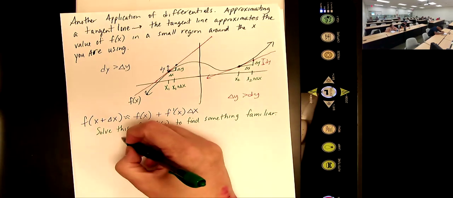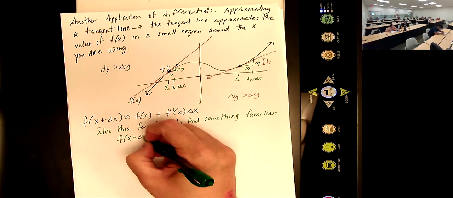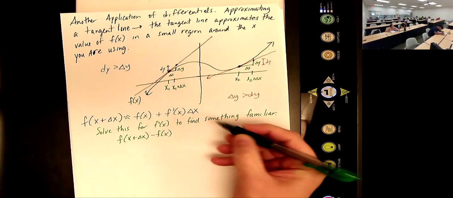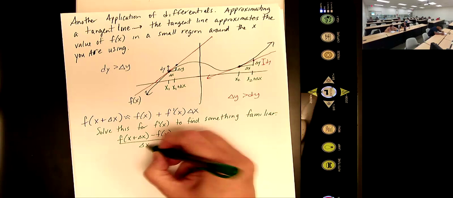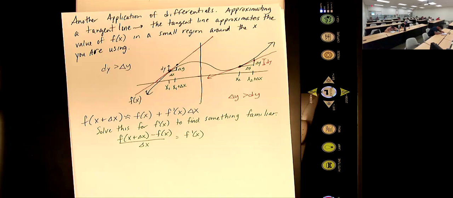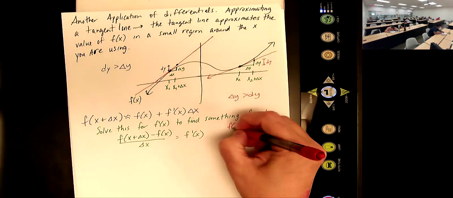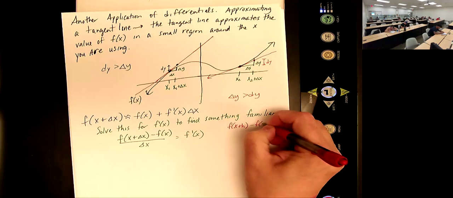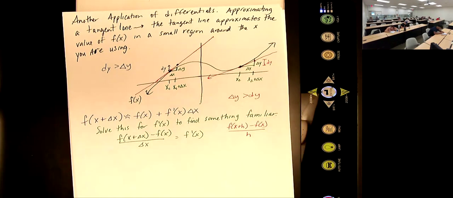That would require subtracting f of x from both sides and then dividing by delta x. You might recognize it as f of x plus h minus f of x over h. So it stems from that.